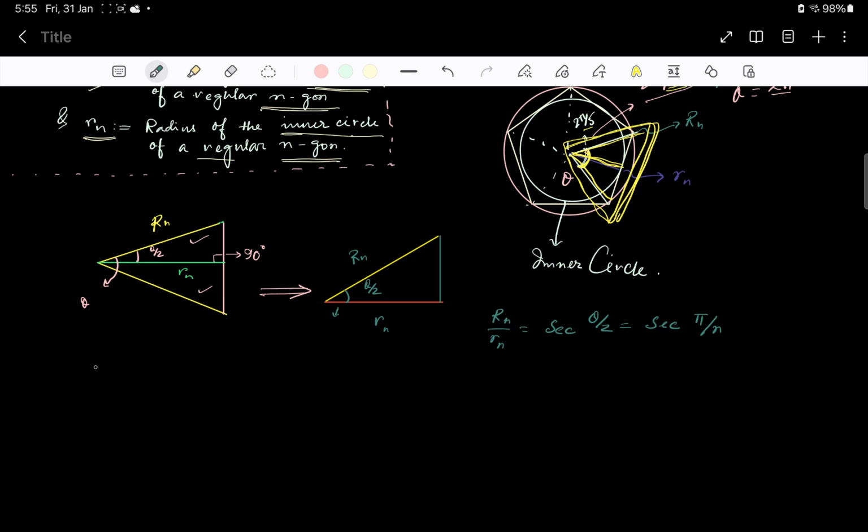Okay, great. Now we are basically finding the limit as n goes to infinity of Rn by small rn whole to the power n square, which is the limit of sec pi by n whole to the power n square. Obviously n goes to infinity.